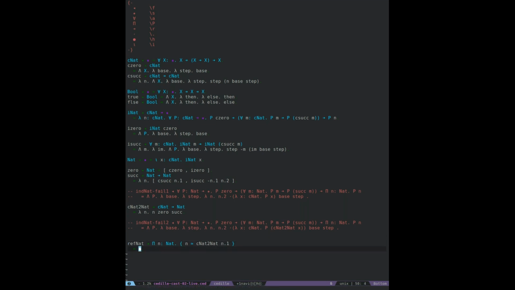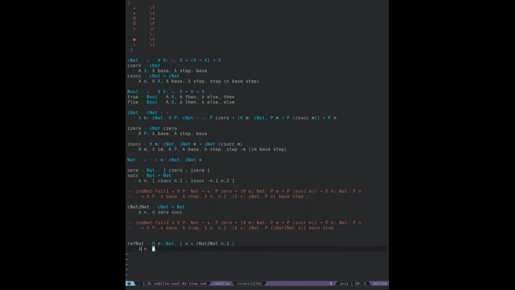Well, how do we make use of this? Ordinarily, as we saw in the last video, you would try to prove a reflection law using some kind of induction. Induction for which we do not currently have for the full NAT type.